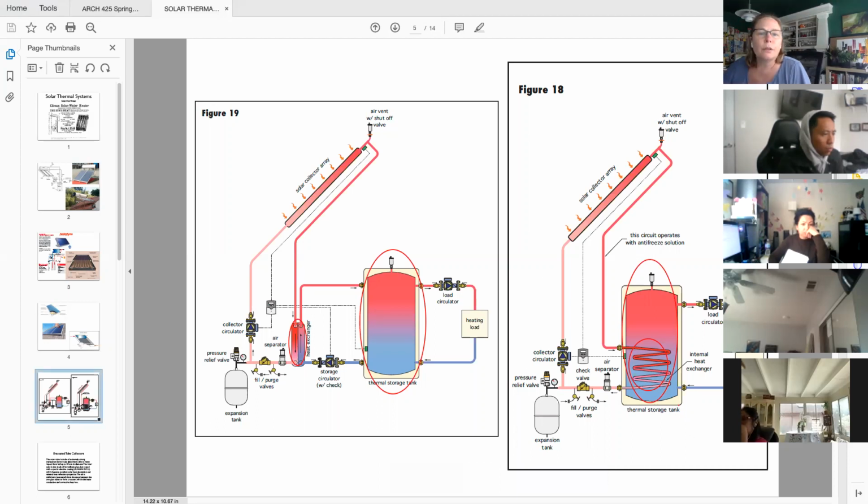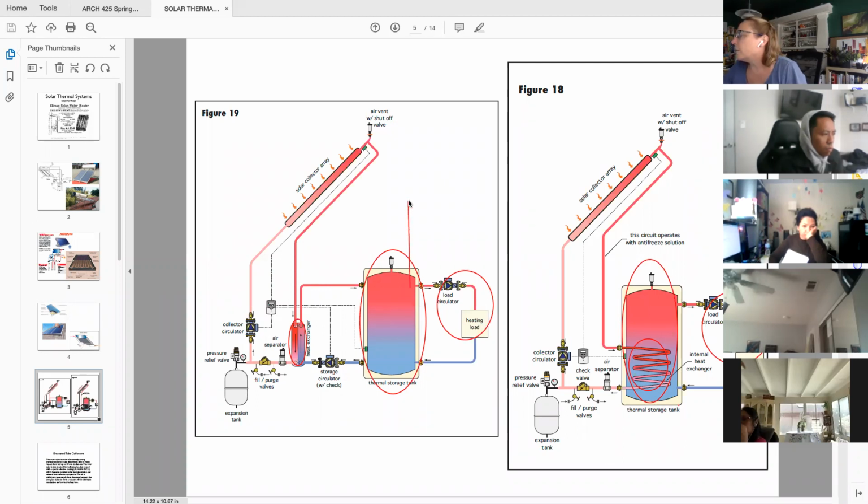Just to show you, these diagrams are also showing a heating load, not just a domestic hot water. So this circulator is for a hydronic heating system where it's using hot water to do heating, typically like radiant floor heating. Your domestic water is actually not in this diagram, I apologize for that.